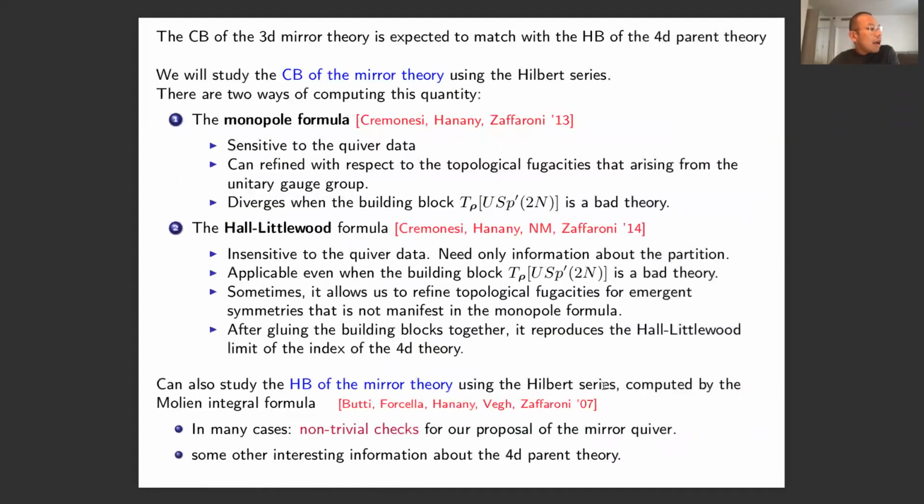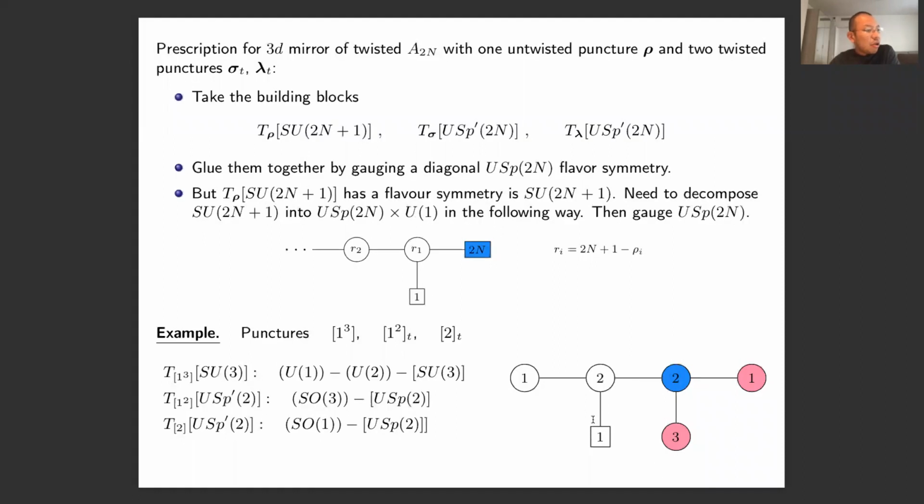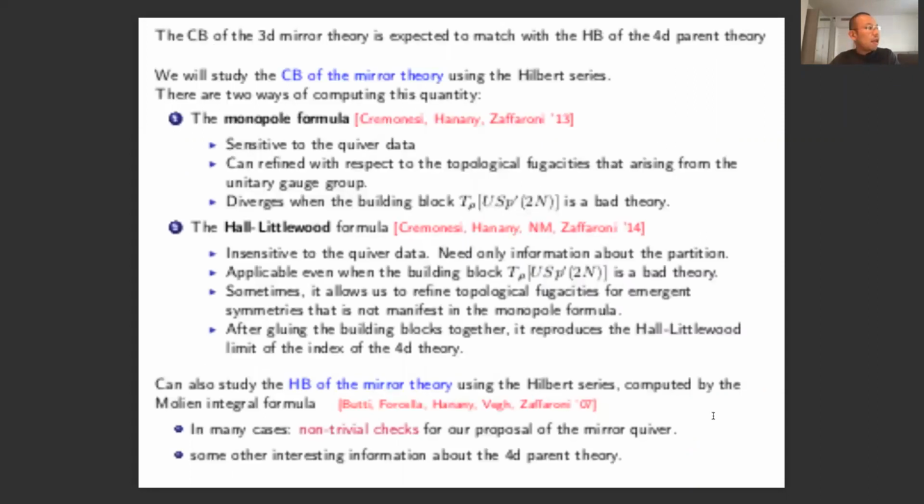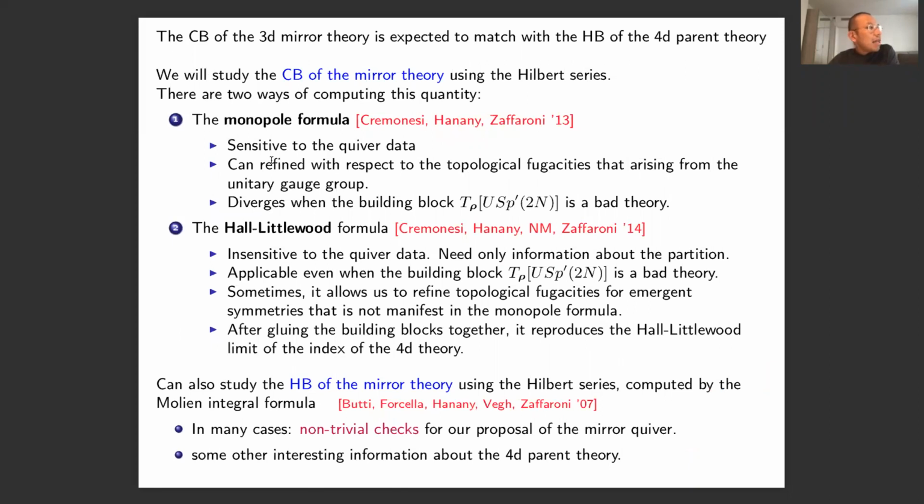Now with this 3D mirror, you can compute a lot of quantities, of course, such as the superconformal index. The only difficulty is that the gauge group has a mixture of unitary, symplectic, and special orthogonal factors.